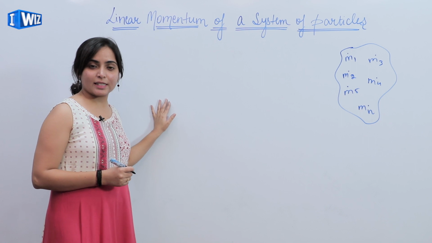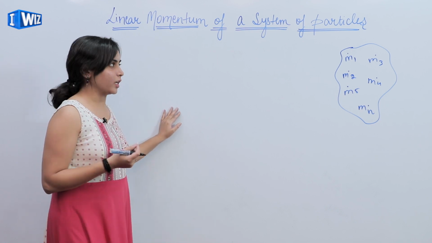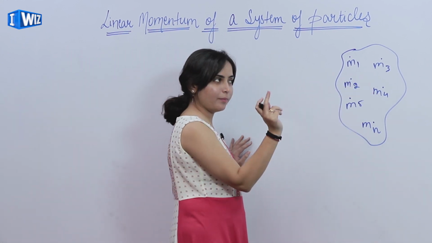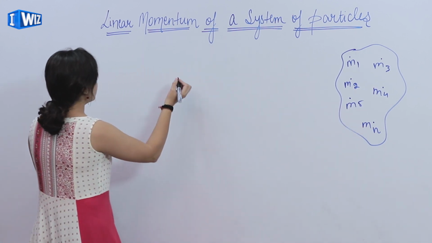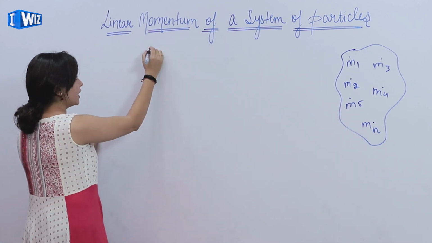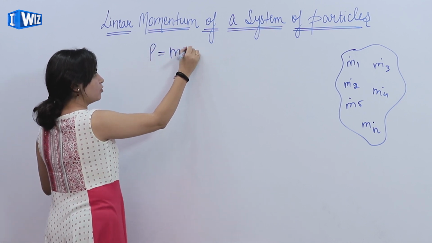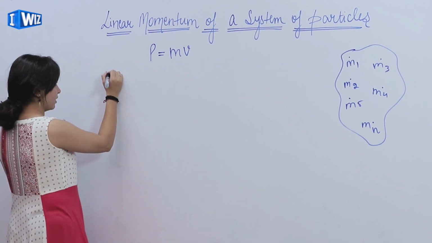Earlier we have studied linear momentum for a single particle or a single object. अब हमारे पास system है which consists of n particles, m1, m2 and up to n particles. So now from the definition of linear momentum, we know momentum is equal to mass into velocity. We are talking about a system of particles.